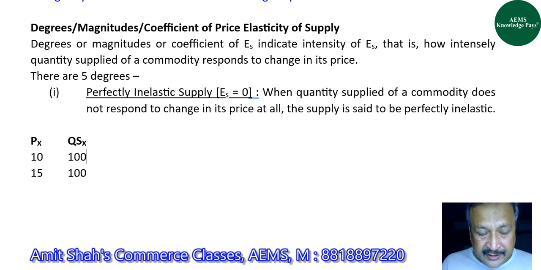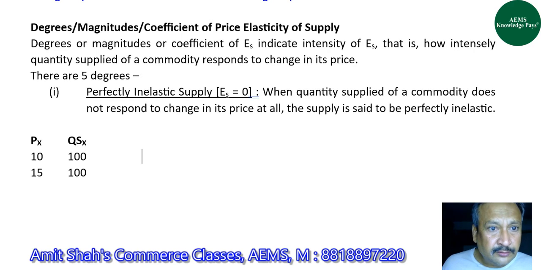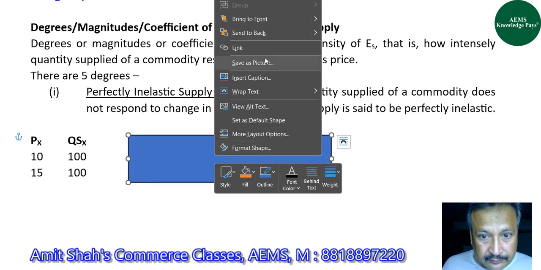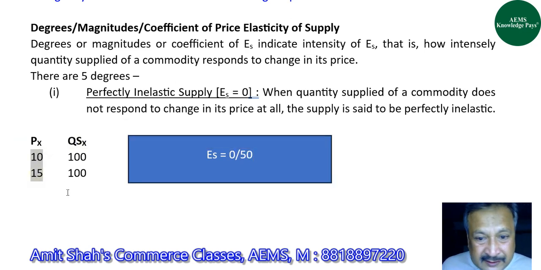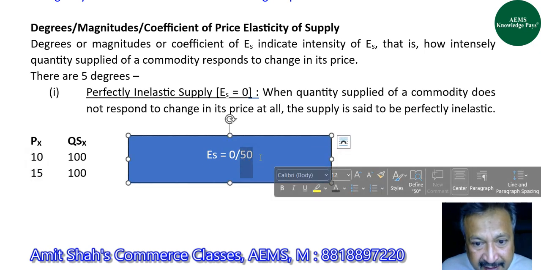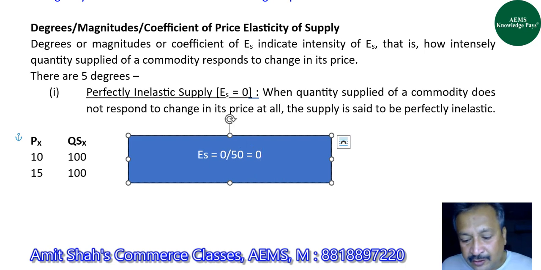So here when I calculate ES, percentage change in quantity supplied is 0 and percentage change in price is 50. Since price has increased by rupees 5 on rupees 10, and that is why percentage change in price is 50. So 0 divided by 50 is 0.